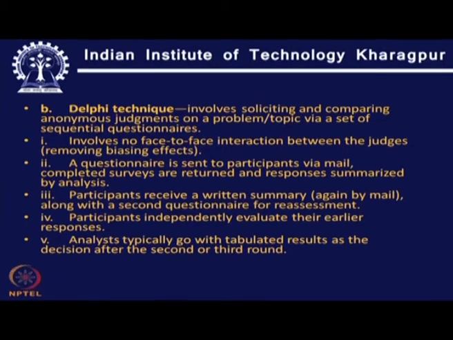Participants receive a written summary again by mail along with the second questionnaire for reassessment, and participants independently evaluate their earlier problem and the responses that they have suggested. Analysts typically go with tabulated results as the decision after the second or third round. So these rounds of taking suggestions and arriving at a particular decision go on and on until a quite satisfying solution is reached.